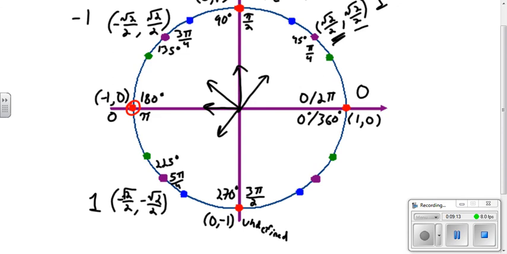This last point here, if you haven't caught on to the trend, it's another 45, in which case, if this one was 270 over here, then we go another 45 from there. This one would be 315 degrees, which converts to 7 pi over 4.